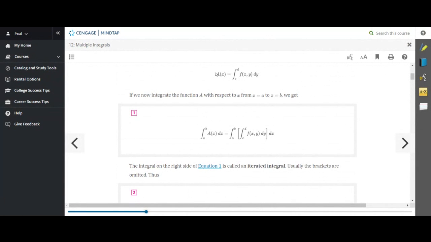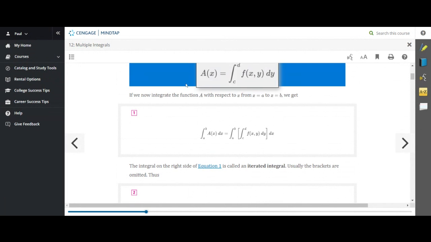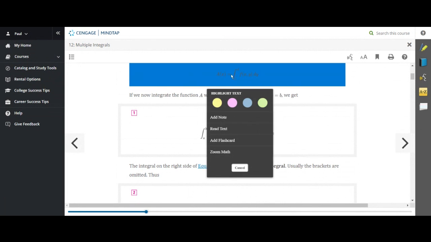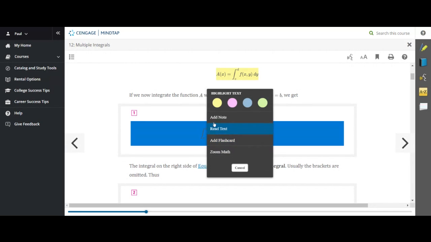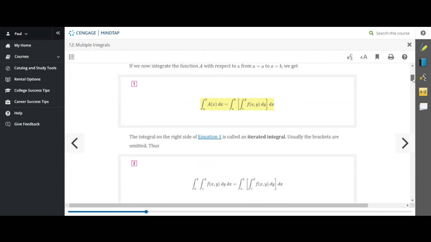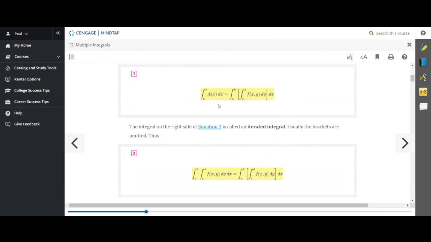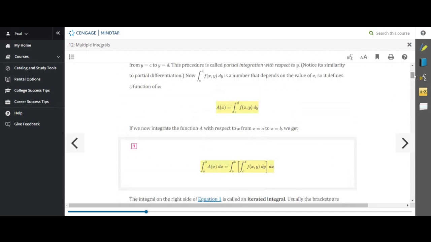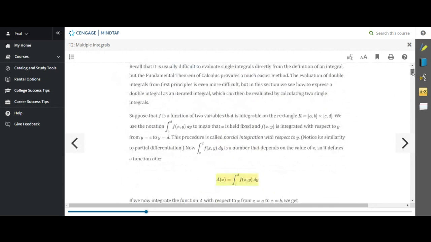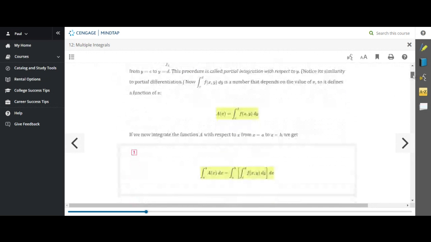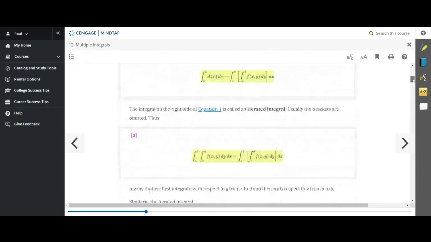Basically, let me just see if I can highlight. Hold on here. Yeah, so what I've done is based on... hold on here.